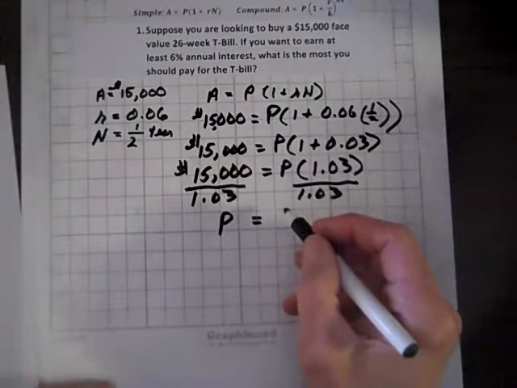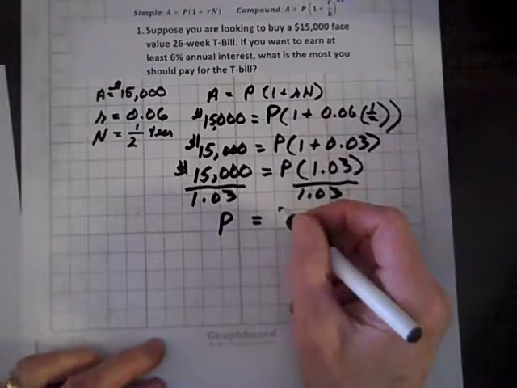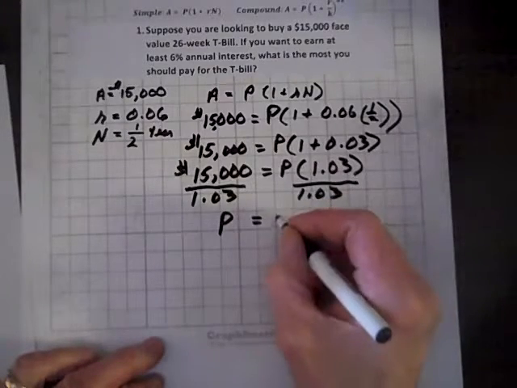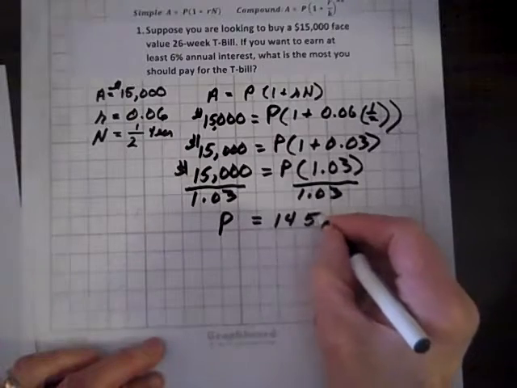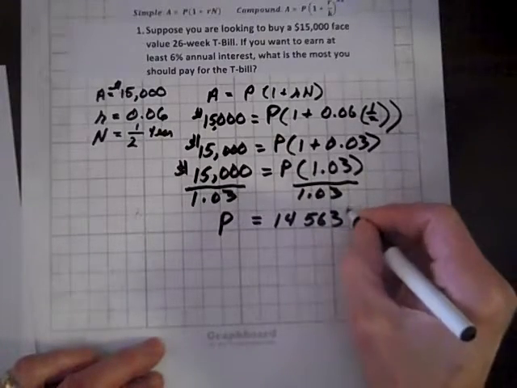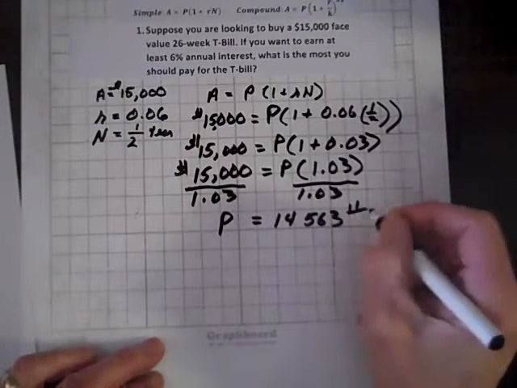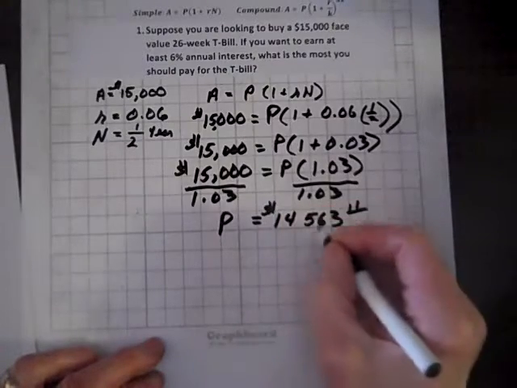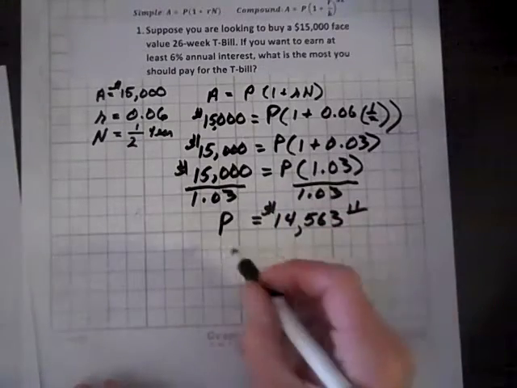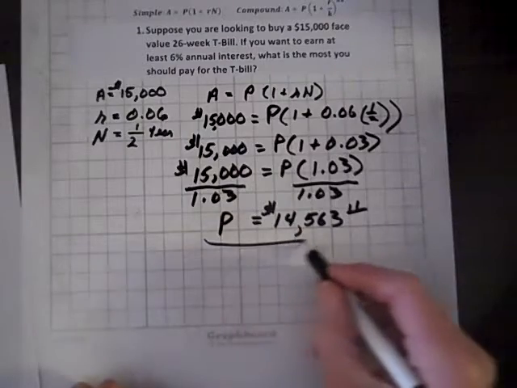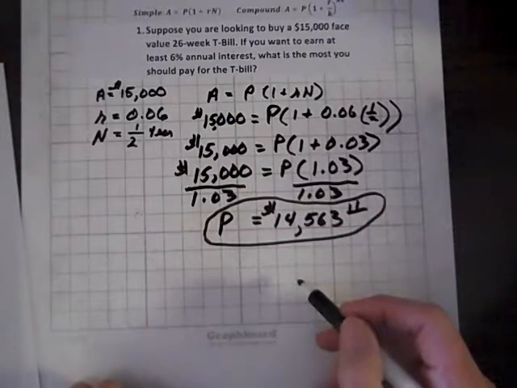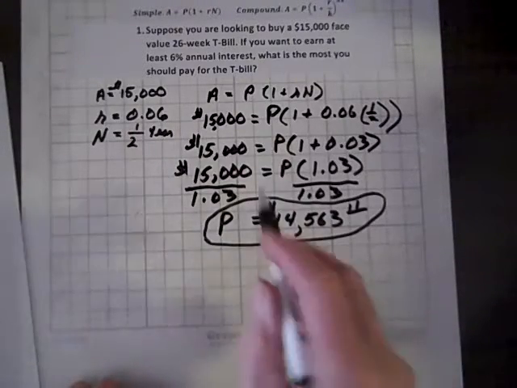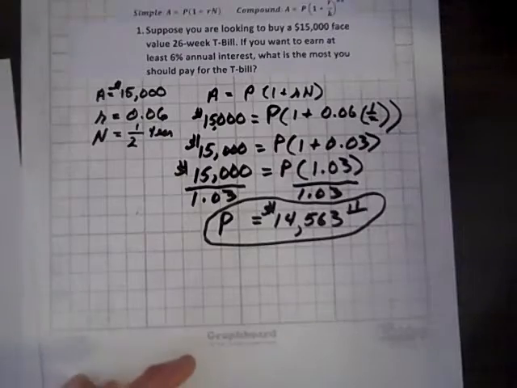And if you take your calculator and carry out that division, you'll get $14,563, and when you round, you get 11 cents. So that's what you're going to have to pay for that T-bill in order to get 15,000 back at the end of 26 weeks when you're getting a 6% annual interest rate.